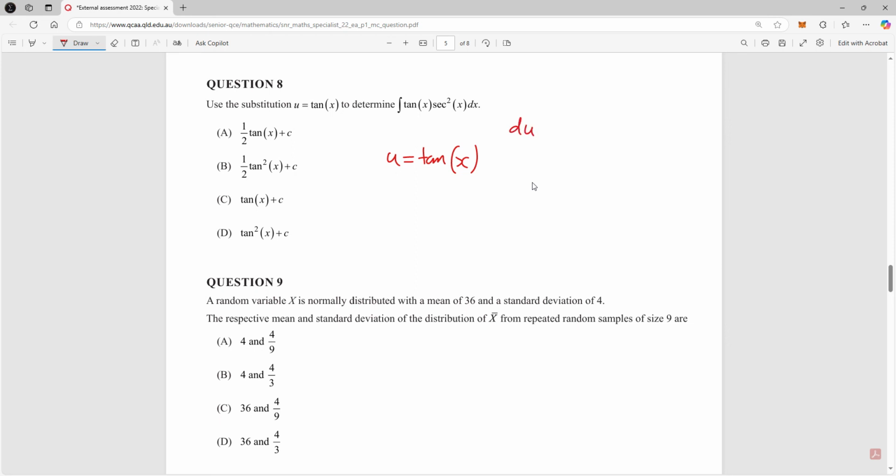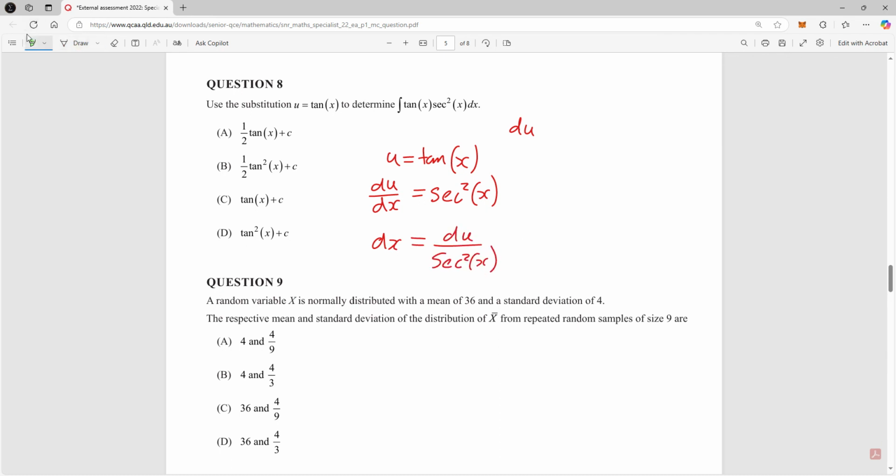So differentiate this side here, so du dx. And the derivative of tan x is sec squared x, which is really convenient for us. So if we want to get dx by itself, dx is du over sec squared x.